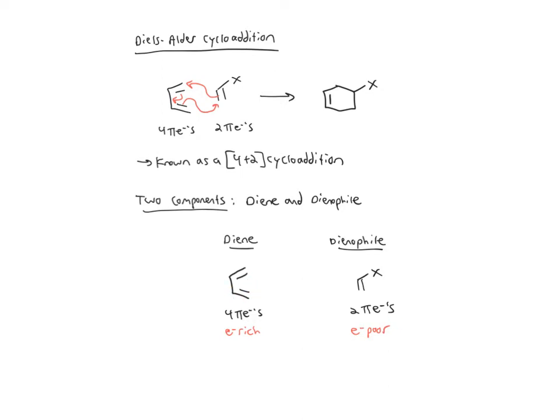We're going to talk about it in terms of just electron pushing, and we're also going to talk about this in terms of molecular orbital theory. That's going to come back here as well because it's going to make a big difference in this Diels-Alder cycloaddition reaction.